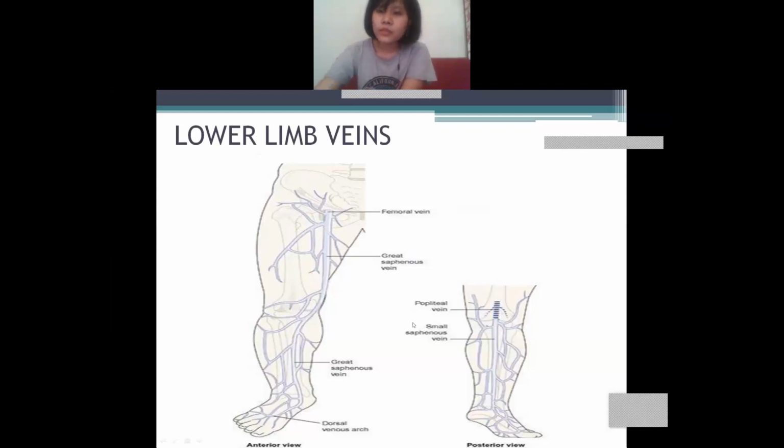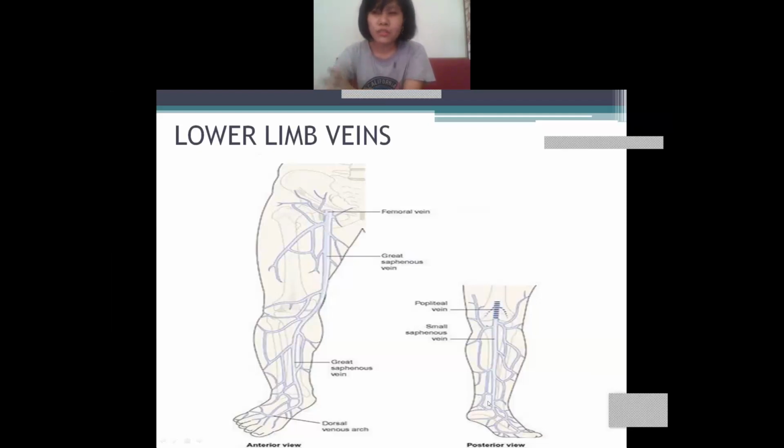So now let us discuss the small saphenous vein. It will start from the ankle portion, at the back side of your leg.